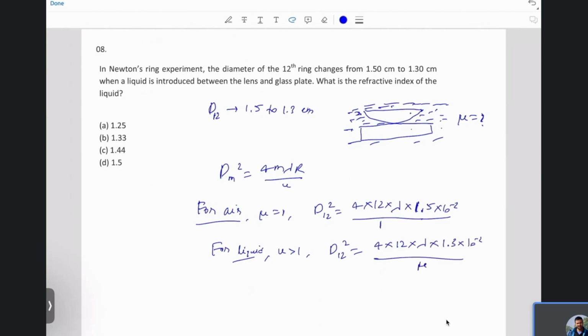That is the refractive index of the liquid. Now we can divide these two equations.